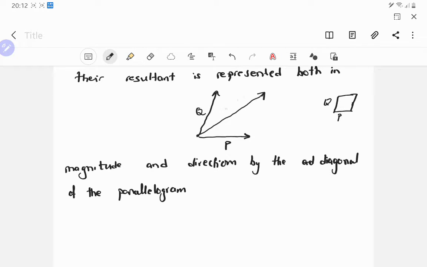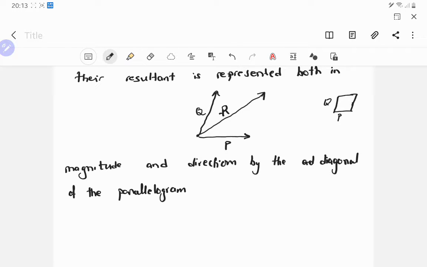This is the diagonal which is represented as the resultant. It is represented with an arrow and by the letter R, the resultant.